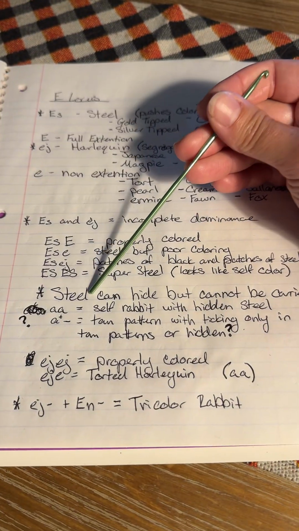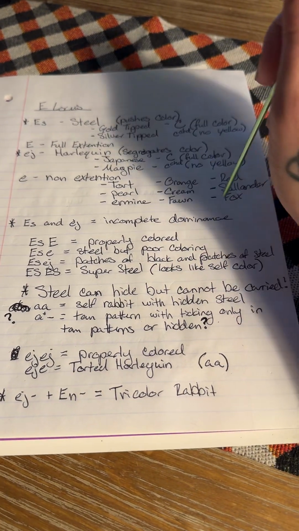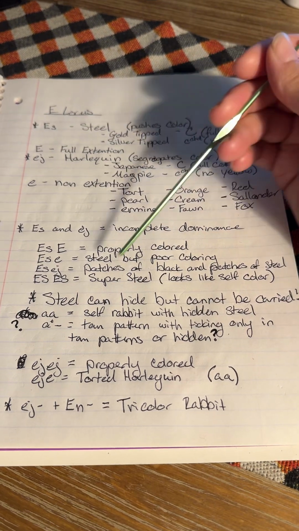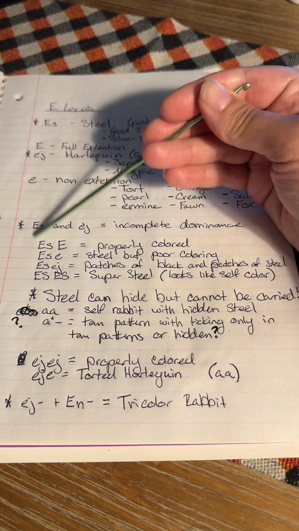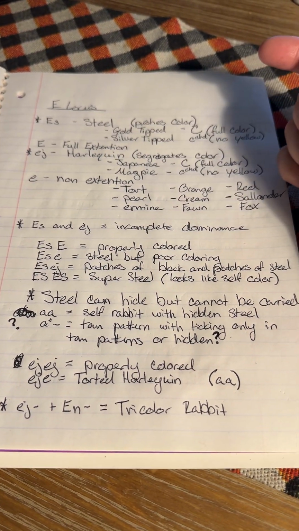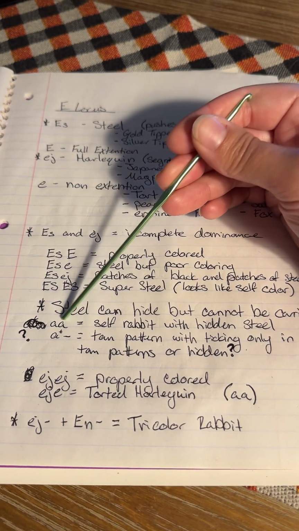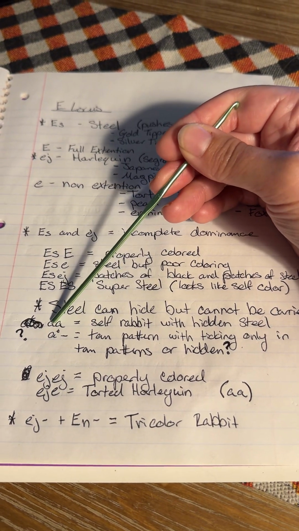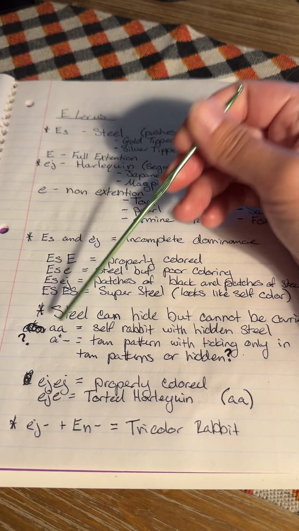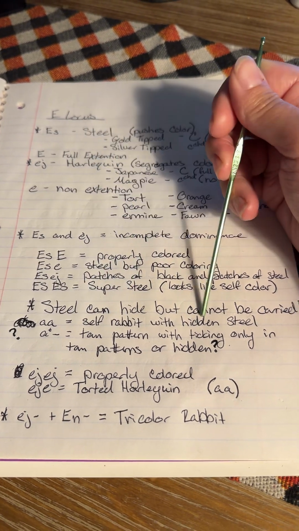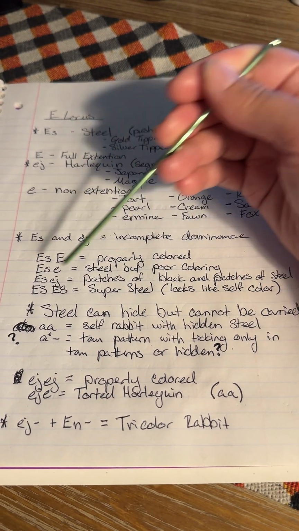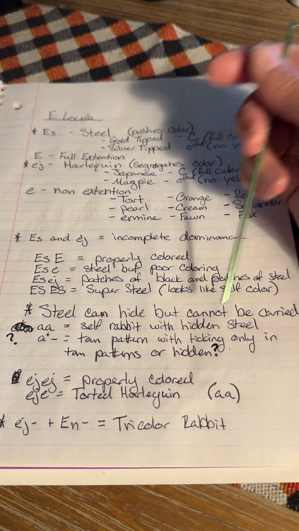Now, as I mentioned, steel can hide. It cannot be carried. It is the most dominant, so it can't be carried under one of these genes, but it can hide. So any rabbit that is self-colored, so that AA on the A locus, will hide steel, because self is not going to show steel.